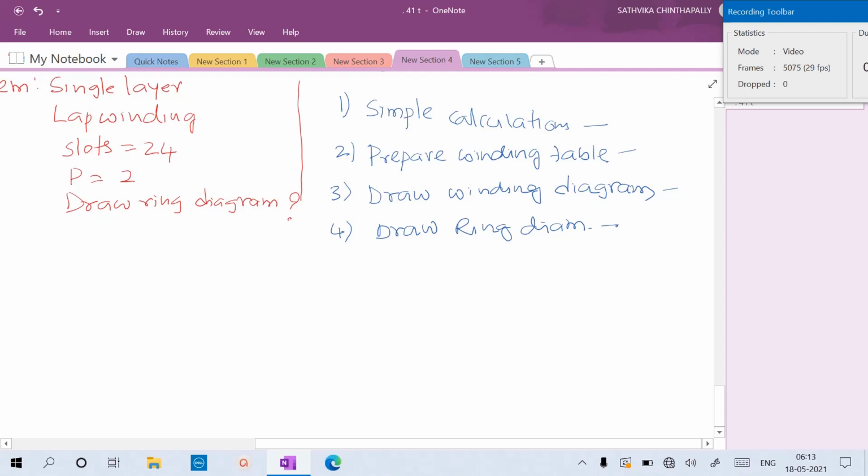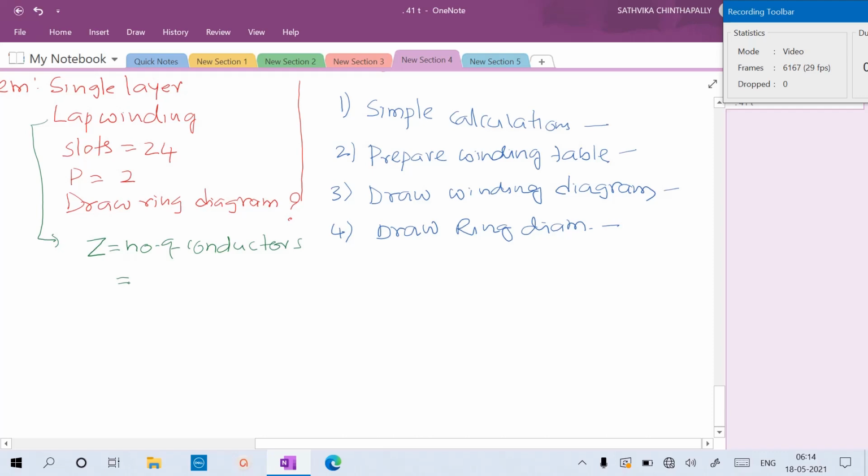Let us take the first, simple calculations. Based on what is given, it is a single layer. So the number of conductors Z is equal to each slot having one conductor because of single layer.